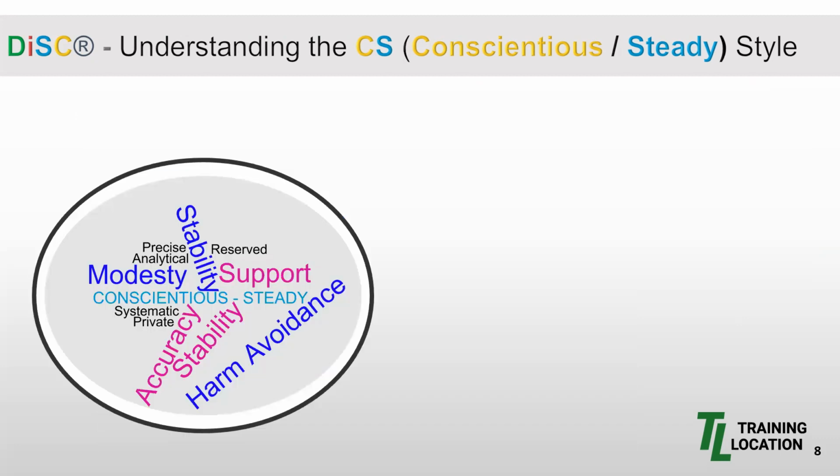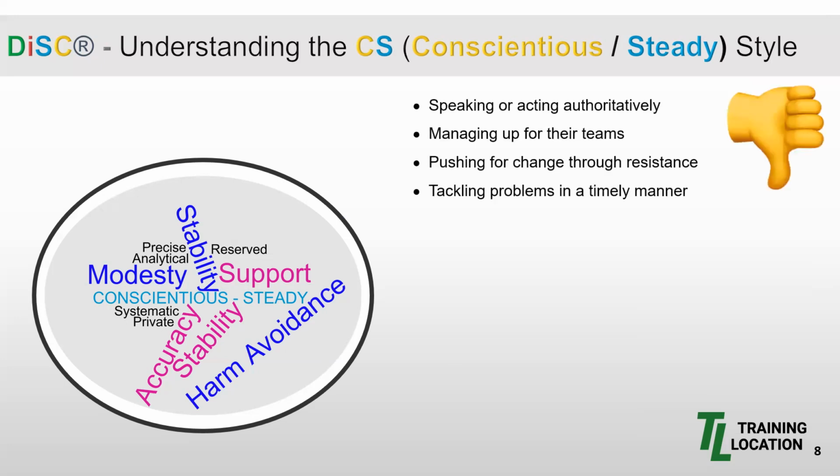So that was a lot of new, detailed, complex information. What do I glean from that? How do I apply meaning to my daily life? Well, let's just consider one thing. There is an implication for leadership. The CS style gets 360 feedback from their managers, direct reports, and peers, which points to the lowest ratings when it comes to speaking or acting authoritatively, managing up for their teams, pushing for change through resistance, and tackling problems in a timely manner.